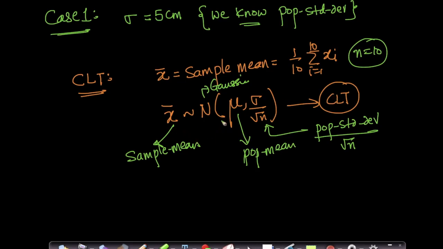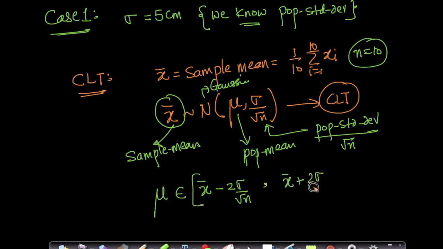Now, since I know that my x bar follows this distribution, I can confidently say that my mu, my population mean, lies in the interval x bar minus 2 times sigma by root n, comma, x bar plus 2 times sigma by root n, with 95% confidence.